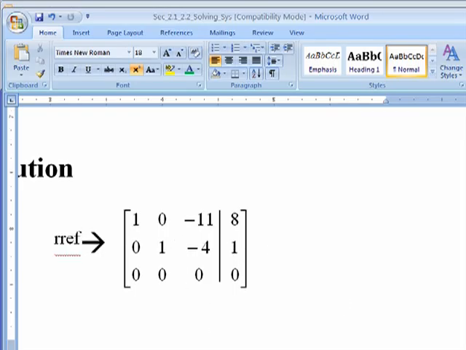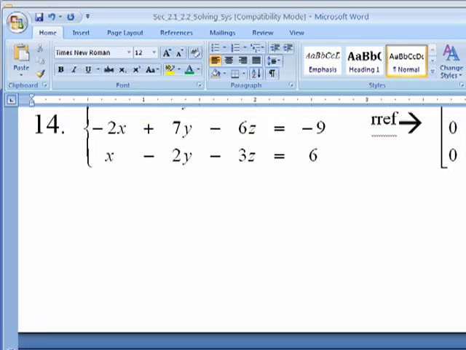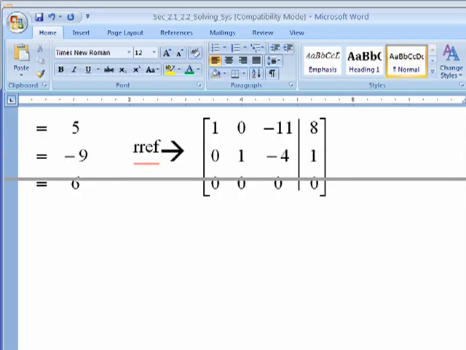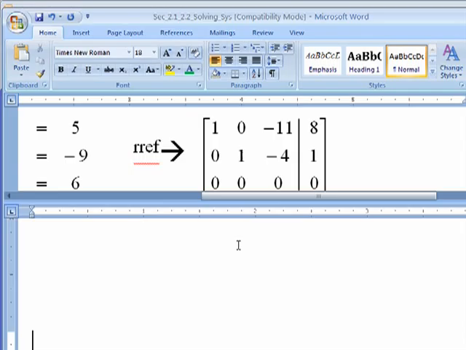So what I want to do is write down what equations I get from that. The top row would tell me x plus 0y minus 11z equals 8.